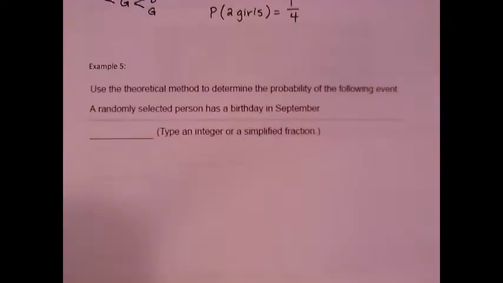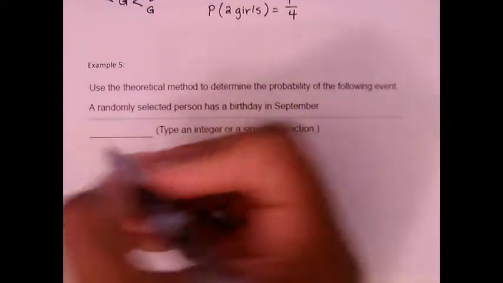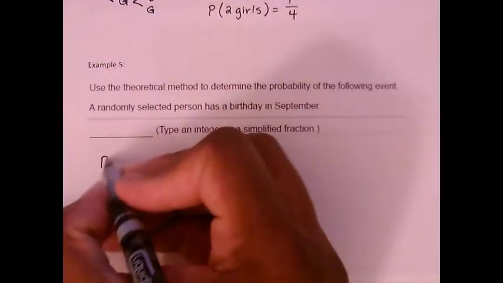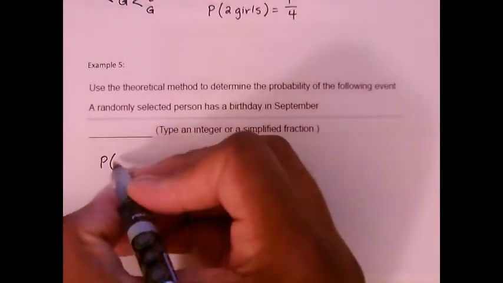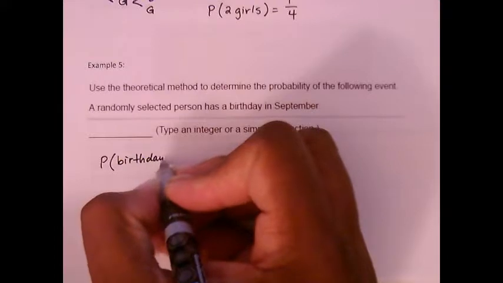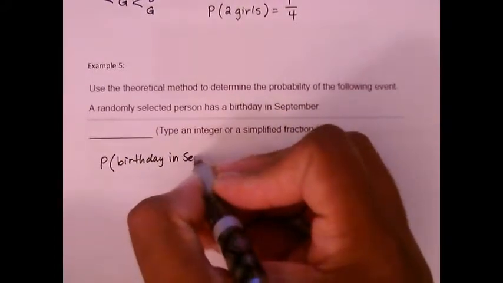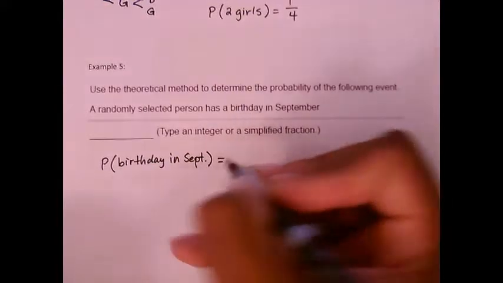Okay, example 5. Use a theoretical method to determine the probability of the following event. A randomly selected person has a birthday in September. So I'm going to say here the probability of a birthday in September.